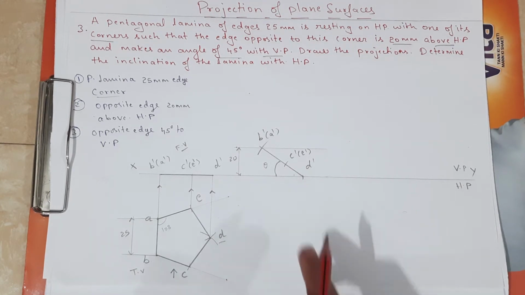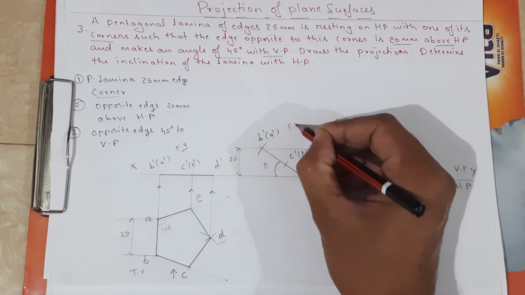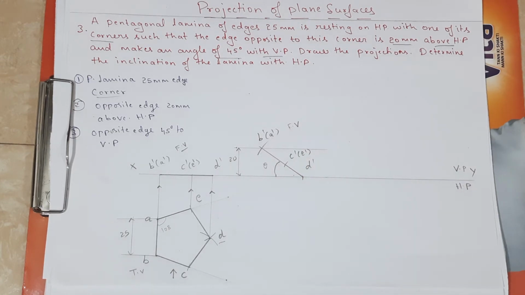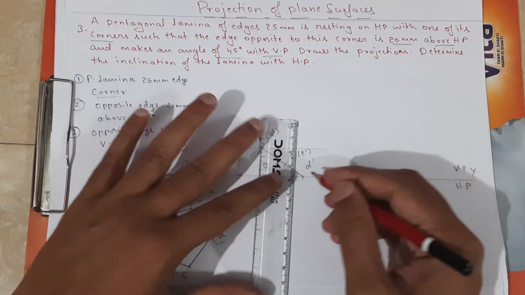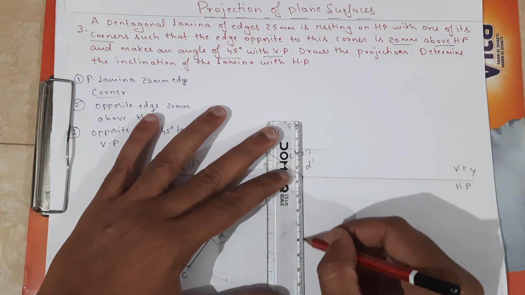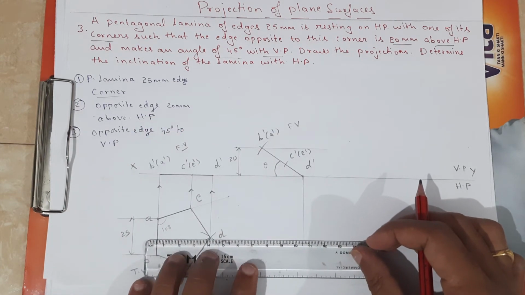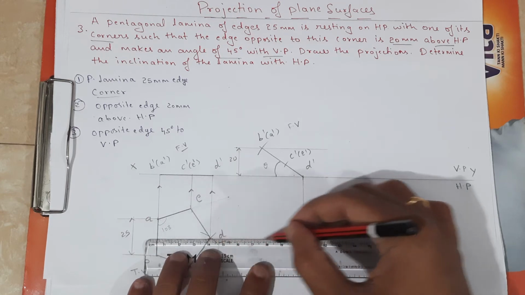Okay. So next, this is the front view. From this front view I am going to get the top view. How to do it? Draw the vertical projection from D dash, and the horizontal projection from D, where they intersect.